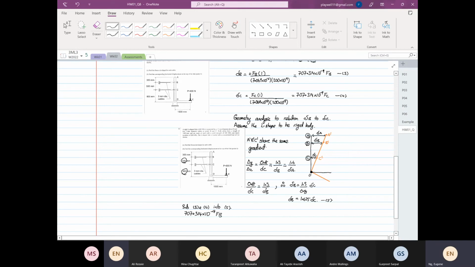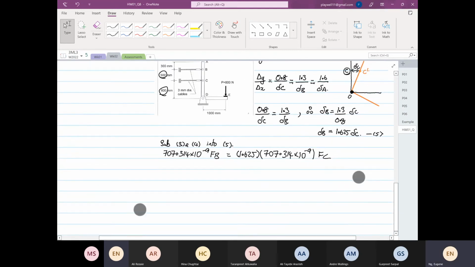And this is equal to 1.625 multiplied by 707.314 times 10 to the power minus 9 FC. Okay.